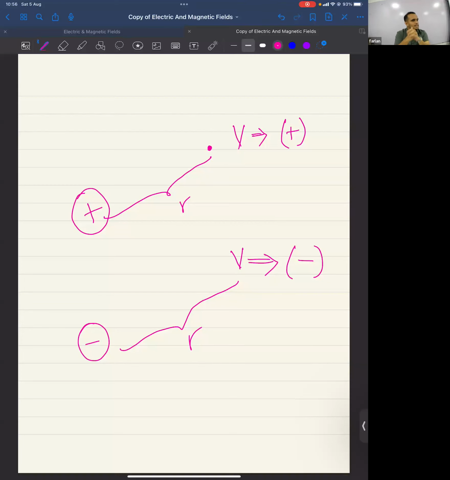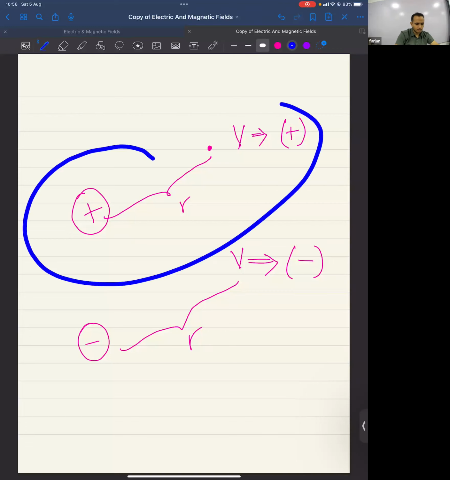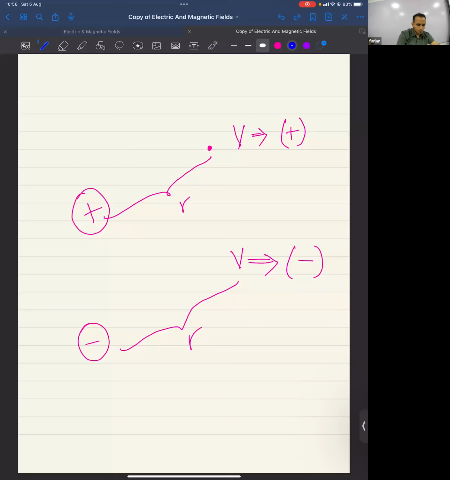Guys, electric potential means, as per the definition, the amount of work needed to bring a positive charge from infinity to the point. Imagine in the first case you're bringing a +1 coulomb charge from infinity to this point. Here the charge is also positive.